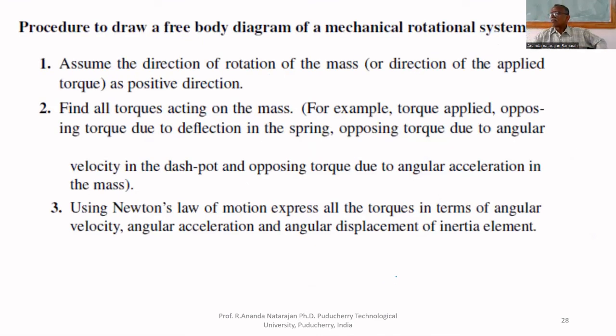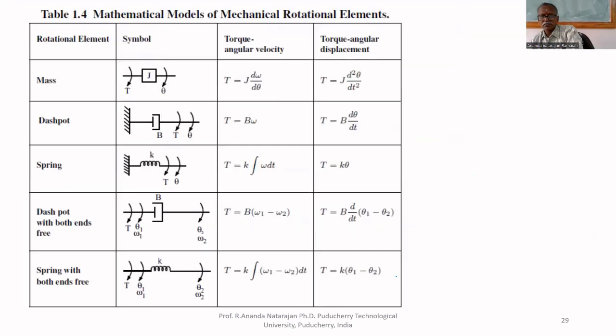Here also we have to draw the free body diagram. We should mention what the applied torques are and what the reaction torques are. Then, by using the law of motion, we have to write the equation.